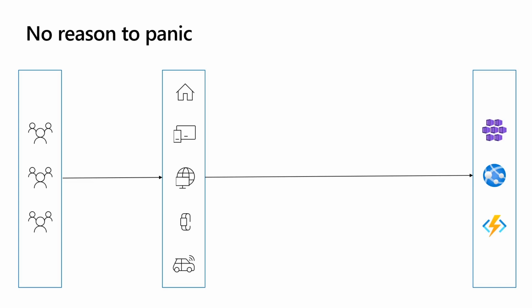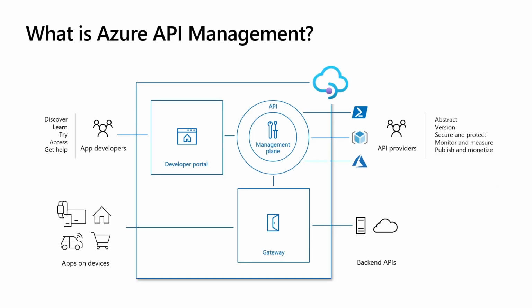The perfect way to achieve that is to use API management to aggregate all of your APIs. API management consists of three main components. The management plane in top right corner, which is exposed through an API, but the most common interface is Azure Portal or PowerShell. This is where you as an API provider will configure your API management service and all of your APIs.